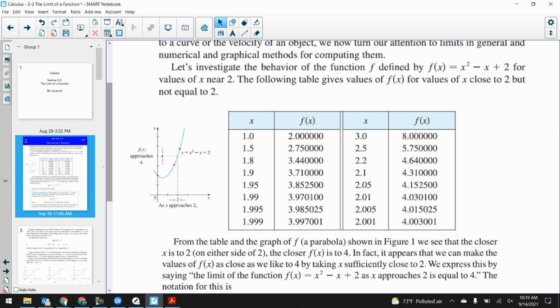And all I'm doing for that function is plugging in those values to see what the y value would turn out to be. I'm plugging in 1, 1.5, 1.8 and so on. And we see it goes from 2 and keeps getting closer and closer to, what do you think? What do you think it's getting closer and closer to? 4, right? We just make that observation. We think it's going to go to 4.